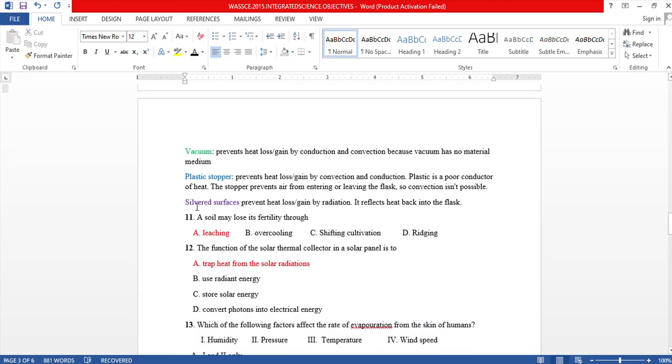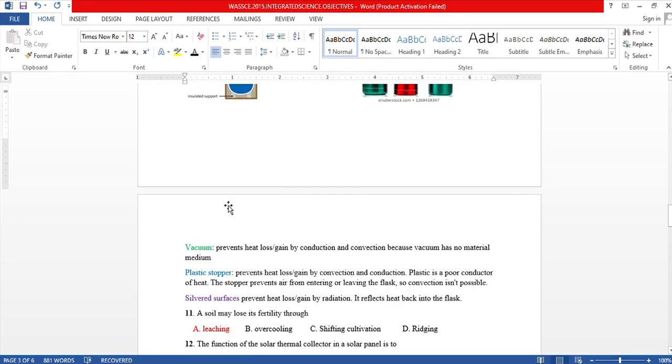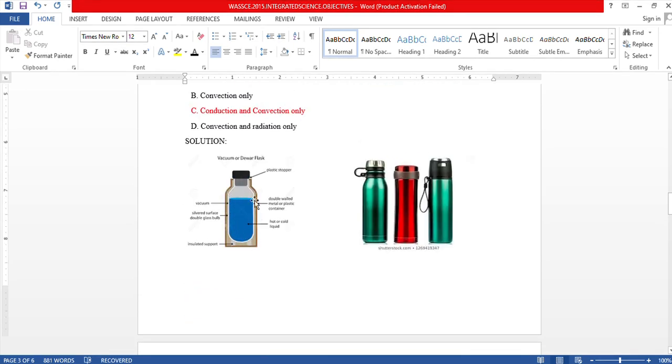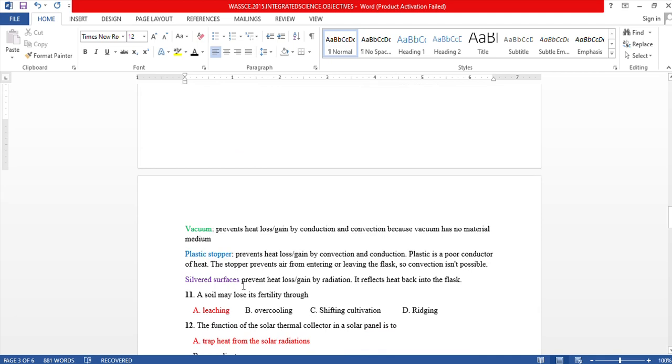Alright, now let's take notes. This is also one common. So silver surfaces, realize inside within the vacuum flask or the Dewar flask, it is silver, shiny. The reason is that it will prevent heat loss by radiation.